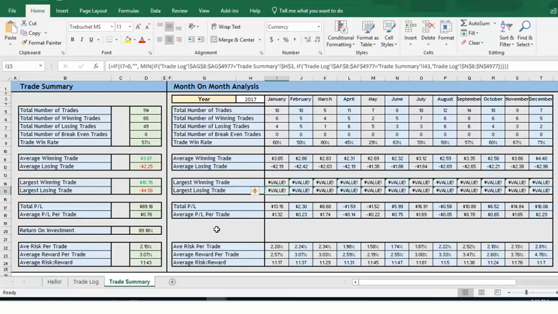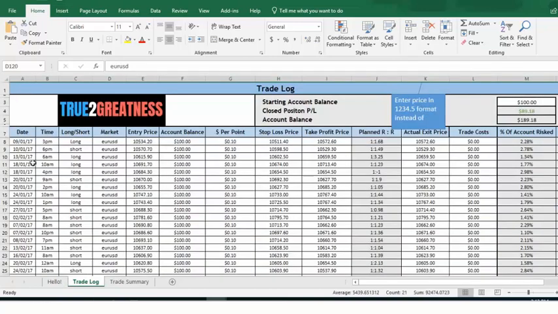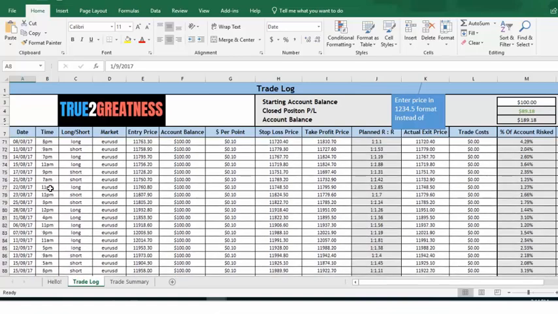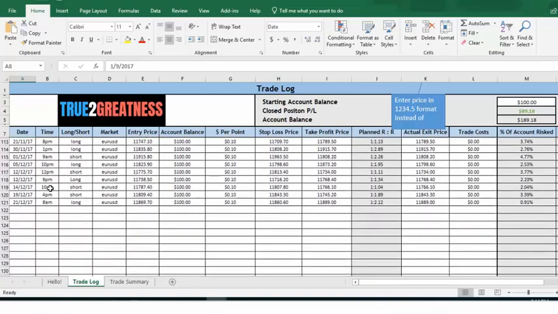Okay, and again, I was looking at these trades for the total period. So I started in January 2017, all the way down to December, I believe. Yeah, so it's pretty much the whole year of 2017.